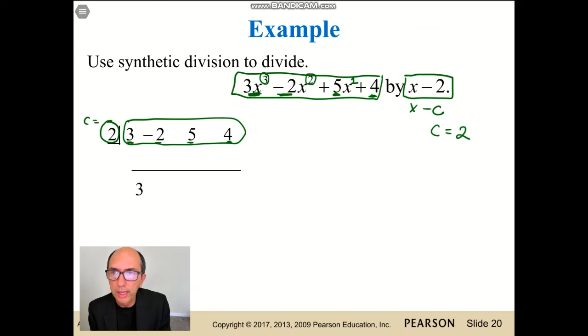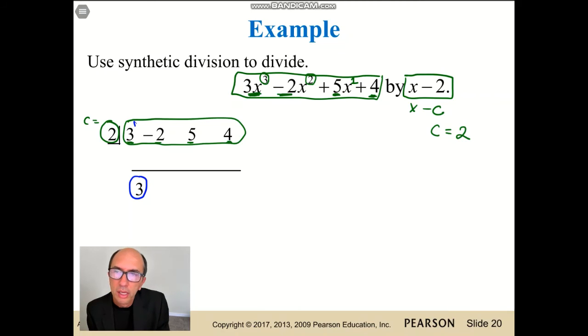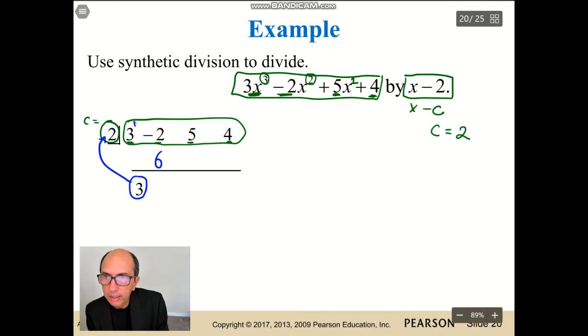We write like this. Then the first step of the synthetic division method is to drop the first one, the first coefficient. You're going to multiply by c, multiply by 2, 3 times 2, 6, and you're going to write it down under the next coefficient.